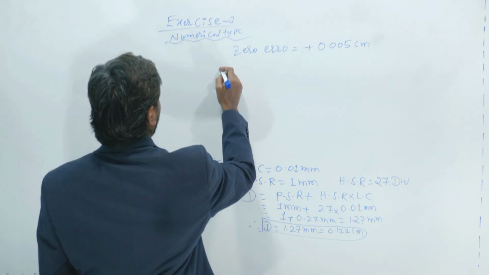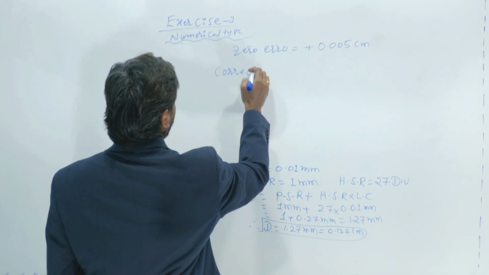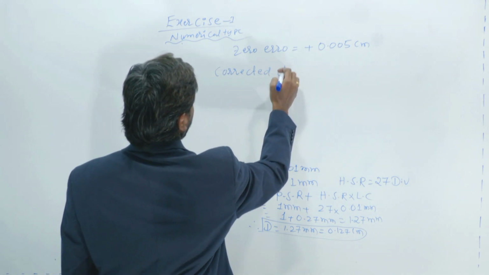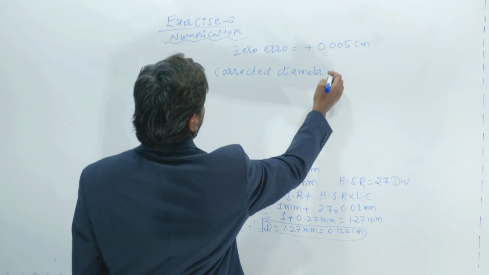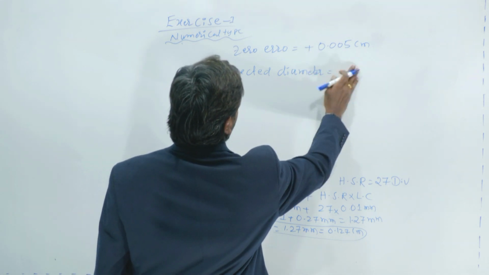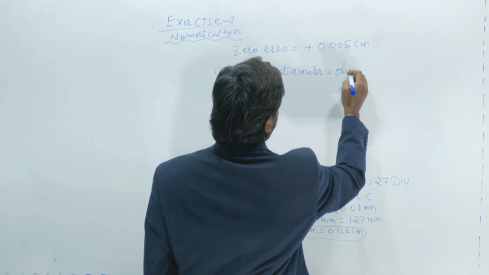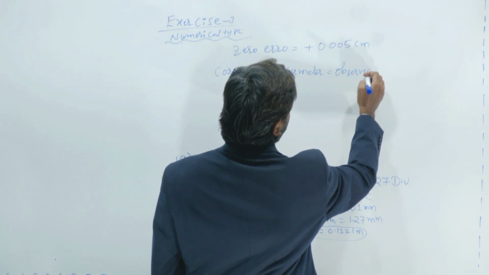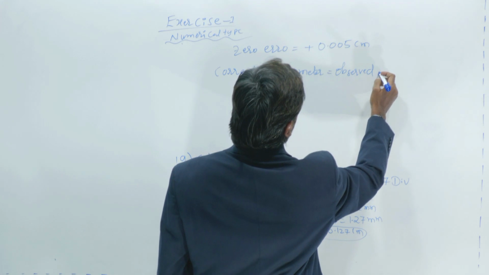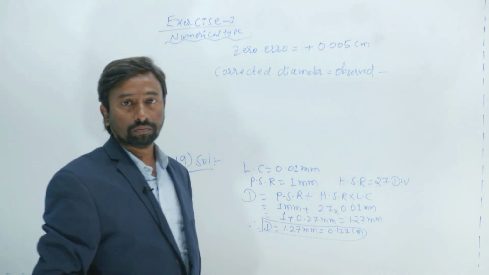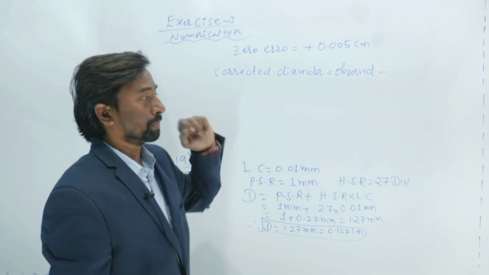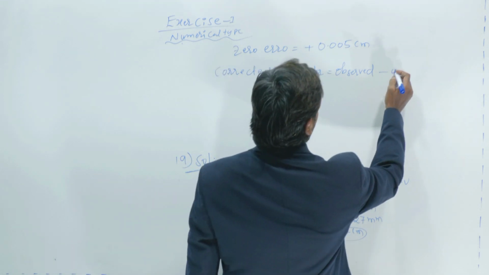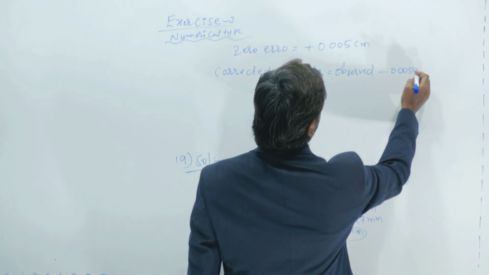So now they are asking the corrected diameter. So corrected diameter is observed diameter minus the error. If the zero error is positive, correction will be negative, we have to subtract. So we can write here 0.005 centimeters.